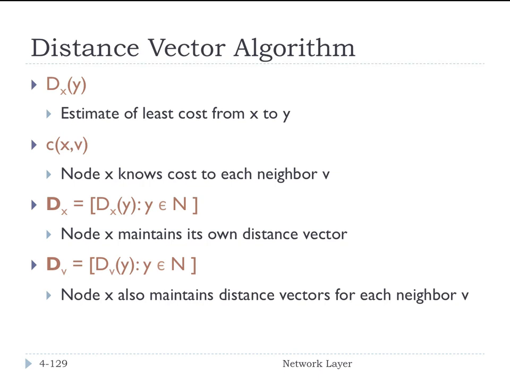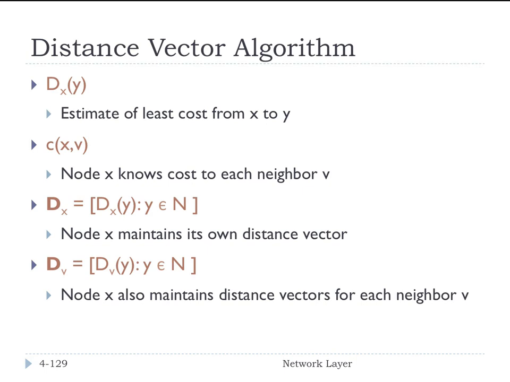A vector is a collection of values, right? And these values are the distances to all of the nodes in the network, an estimate of the least cost path to every node in the network. So that's really a collection of these. The node also maintains a set of distance vectors for each of its one-hop neighbors. That's v.